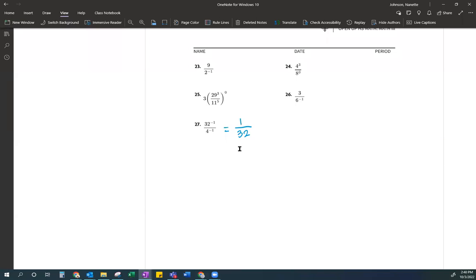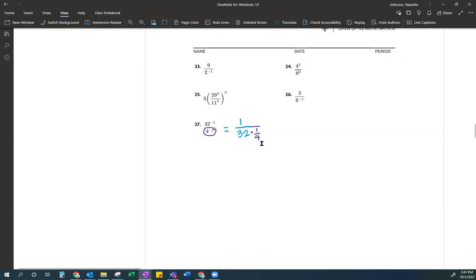Now, this 4 to the negative first, follow me, please, means that I'm going to divide by it. But Miss Johnson, it's already being divided. So when you divide by a fraction, do you remember multiplying by the reciprocal? Do you guys remember that? So I'm going to take this 4 to the negative first, and I'm going to say multiplied by 1/4. You see how I'm dividing in the denominator.